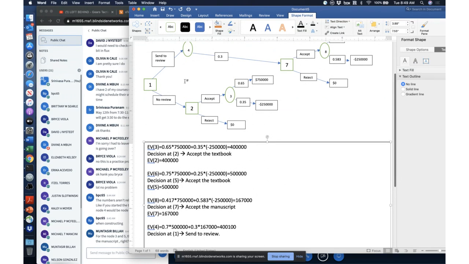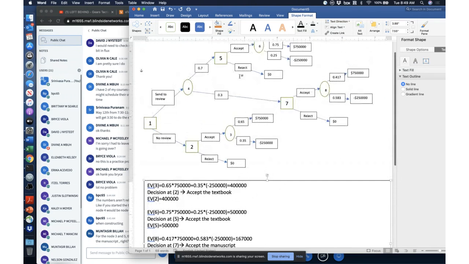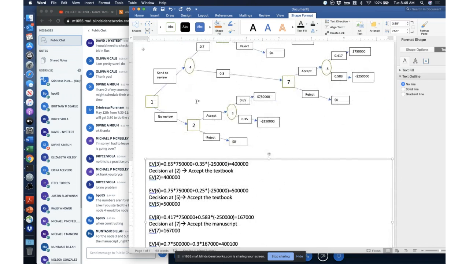So this branch has a payoff of $400,000, and this branch has a payoff of $400,100. So you expect to make more money. Now, why do you expect to make more money here? Because you're more likely to know what's going to happen. So here we are just writing that, 75%, 25%, you make 750, lose 250, but it's always better to have more data. So because you have better data, you'll end up with a slightly higher expected value.